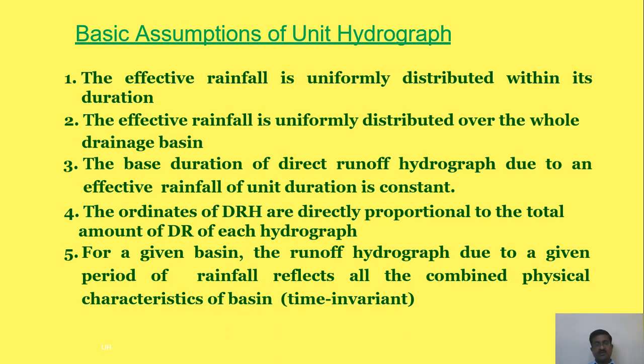Remember, the base duration of the direct runoff hydrograph due to an effective rainfall of a unit duration is constant. Then the ordinates of this DRH are directly proportional to the total amount of direct runoff of every hydrograph.